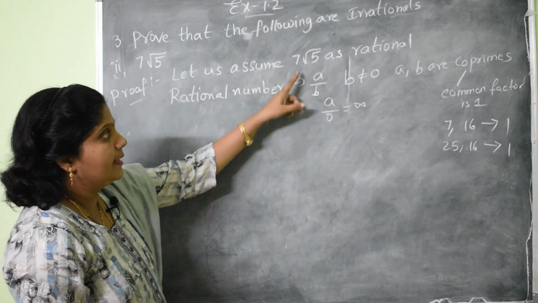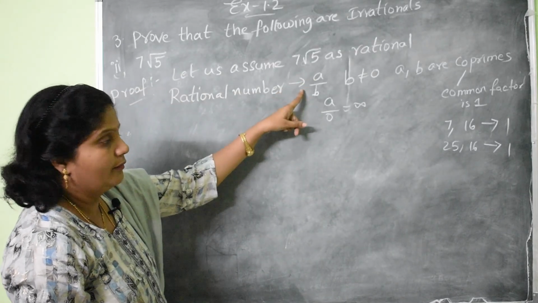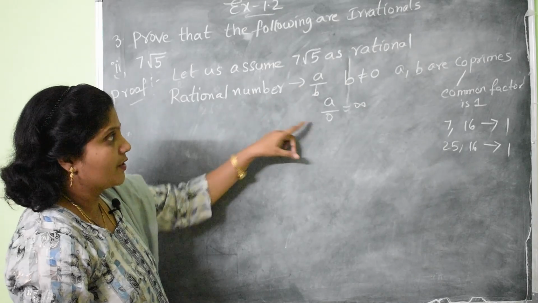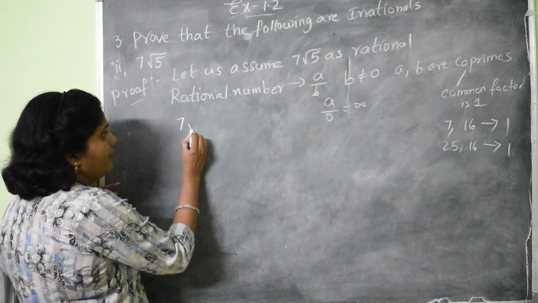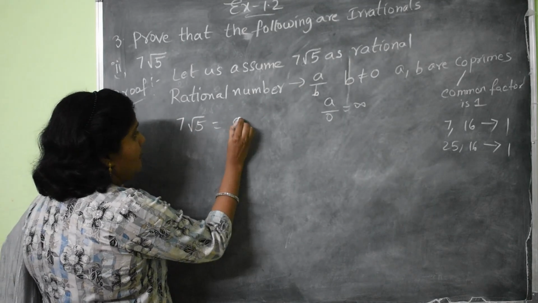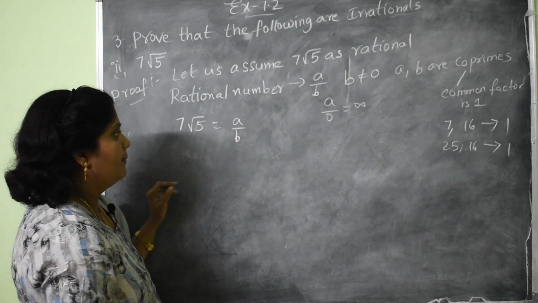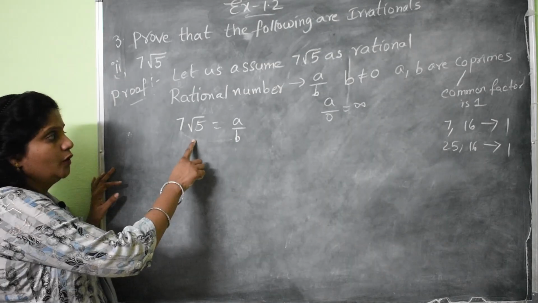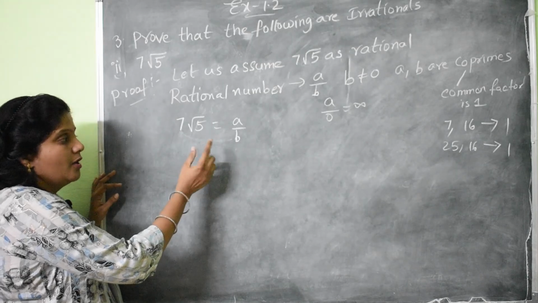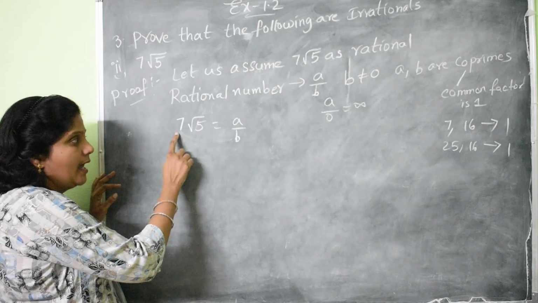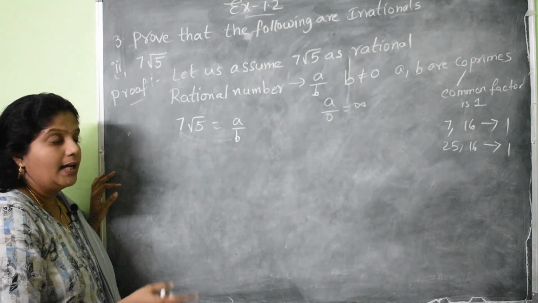So I am assuming this number as rational, since we have understood what a rational number is. I am equating 7 root 5 to a by b. We already know that root 5 is irrational, so I am keeping only root 5 here and taking 7 to the other side.